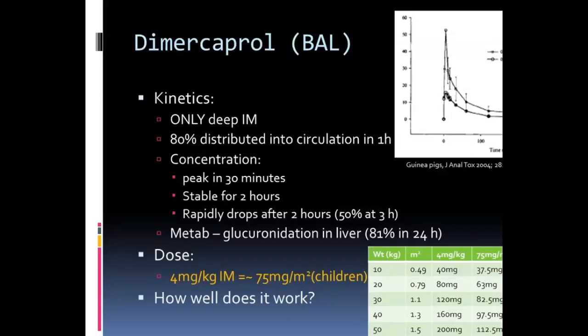It's somewhat high volume, and can pose issues with patients being a little reticent to get additional doses. You imagine getting multiple doses of deep IM injections over several days.